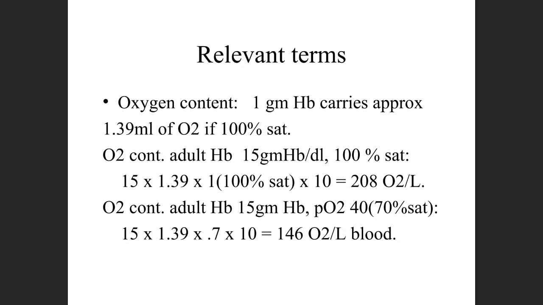If you have an adult with a hemoglobin of 15 grams at 70% saturation, that calculation comes out to 146 mils of oxygen per liter of blood.